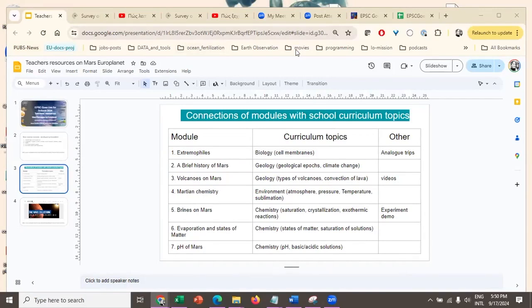Because, for example, most of these resources are for 10 to 14 year old students. Are you teaching older students or younger? Okay, I see here from Greece that we have biology about the cell at 12 to 18. So you start a bit later, but it's still, I think, within the range of ages.